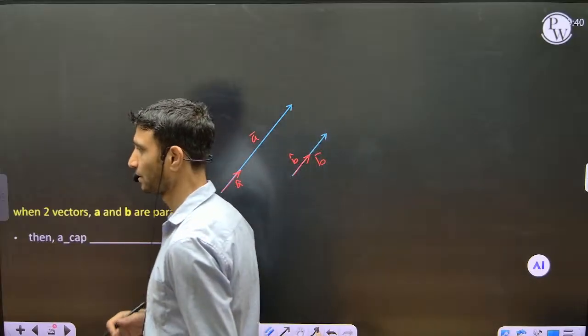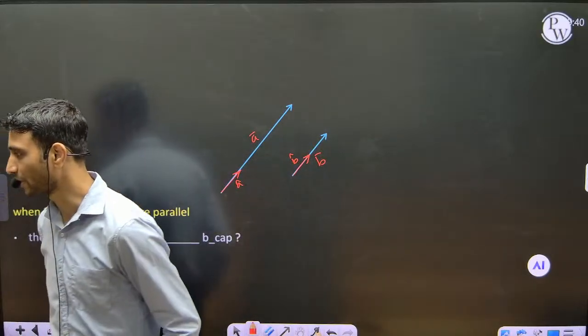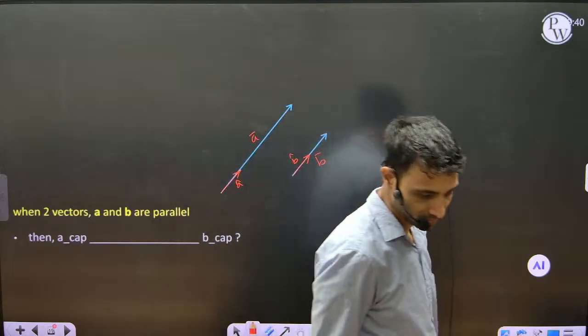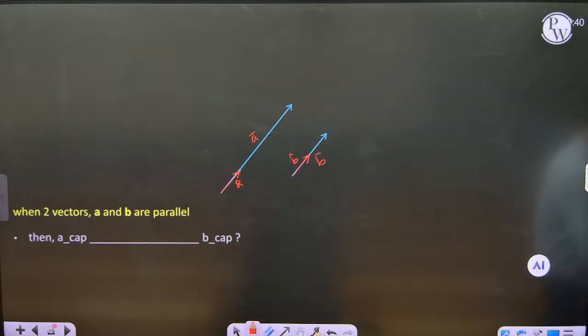Can you comment on A cap and B cap? Think about it. I'll give you 2 minutes to think about this.